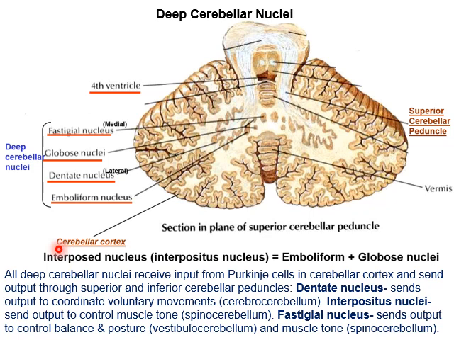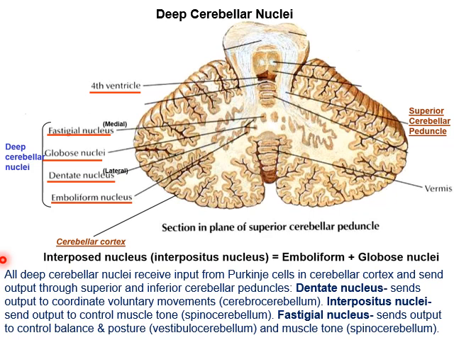The dentate nucleus sends the output to coordinate voluntary movements. That's why the dentate nucleus is considered a part of the cerebrocerebellum, because it controls voluntary movement. It helps to coordinate it, to make the voluntary movement in a smooth, coordinated pattern.